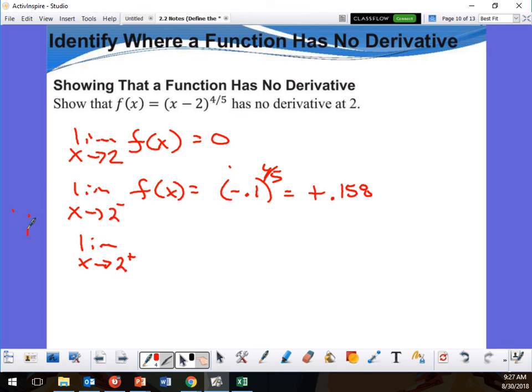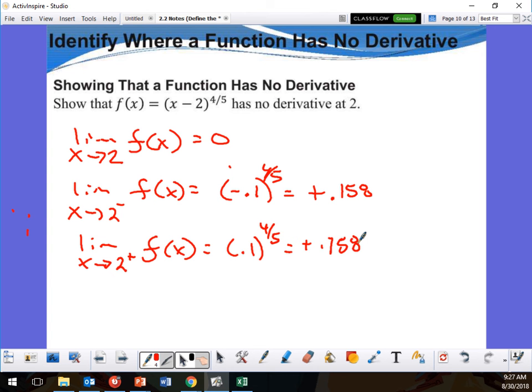So it's positive 0.1, so f of x would be positive 0.1 to the 4/5. What do you get? Same number? Okay, so now I checked the left hand and the right hand, and it looks like it's getting to that point. Looks like it could be going to 0, couldn't it?